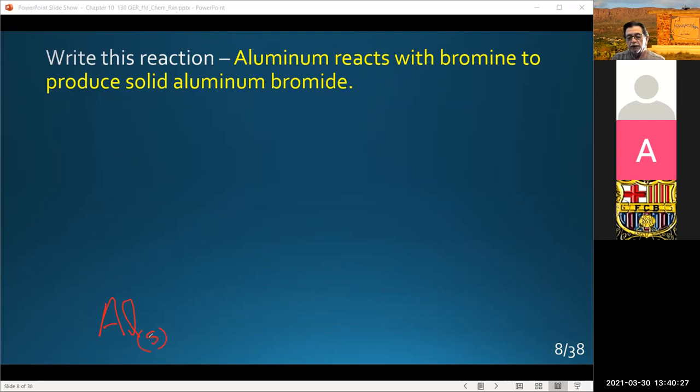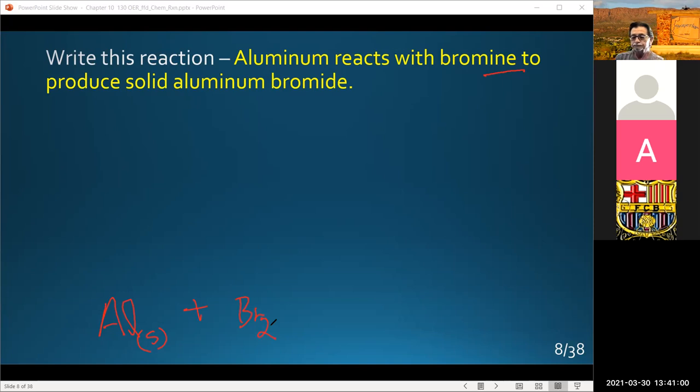Okay. So that's the formula for aluminum, Al(s). Reacts means we got a plus with a bromine. Notice the term bromine. As was the case with chlorine earlier, the fact that it's bromine tells me that we are dealing with elemental bromine, which is again diatomic.